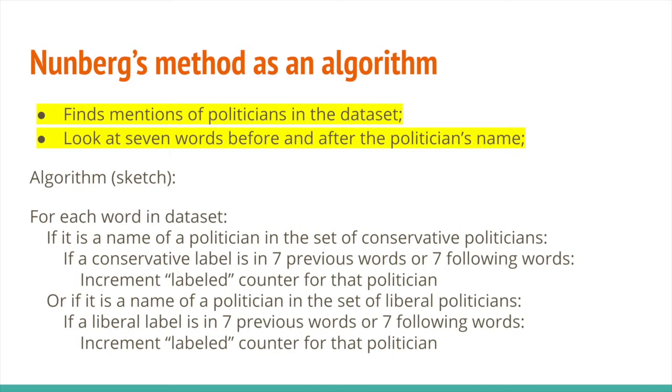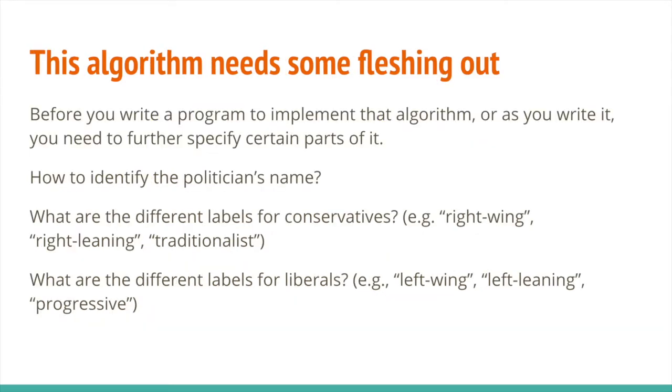Or if that word is a name of a politician in the set of liberal politicians, if a liberal label is in 7 previous words or 7 following words, then we increment the labeled counter for that politician. So as I said, this is a sketch of an algorithm. It needs some fleshing out.